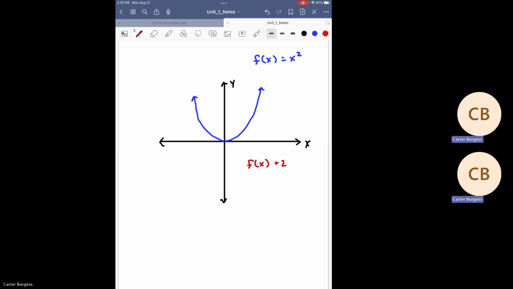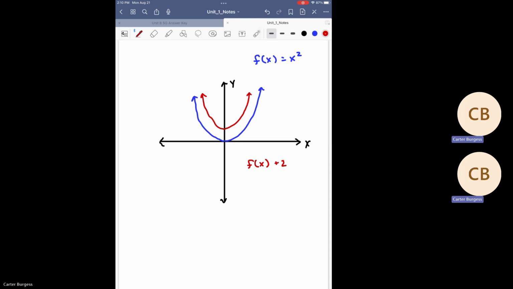We get the exact same shape, but instead of centered around 0, we will see it shifted up by 2. It looks a little bit smaller. It's not actually smaller, that's just my drawing struggling. Okay.